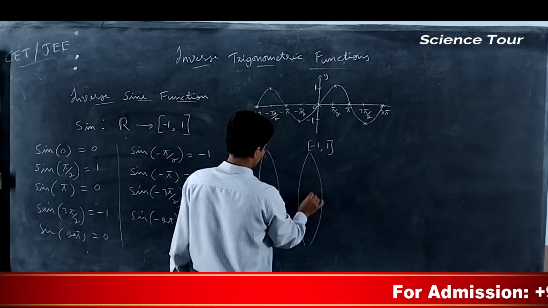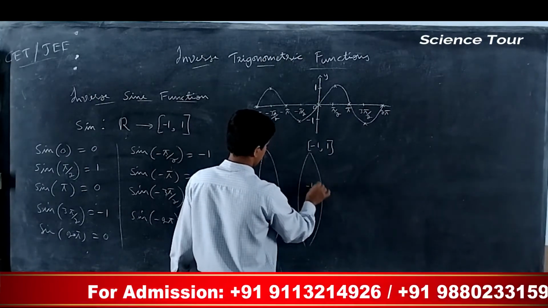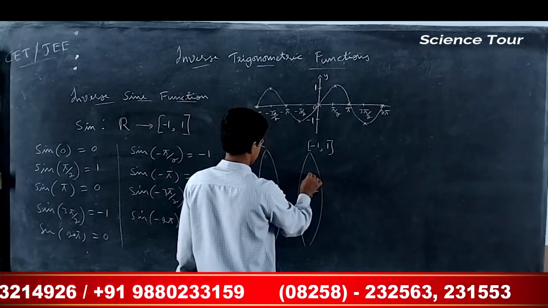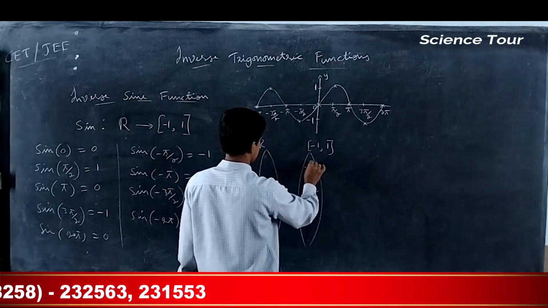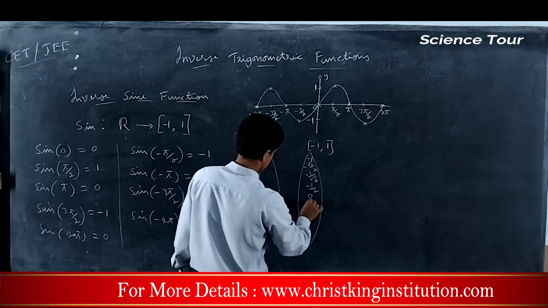So you have 0, -1/2, I'm taking only a few, minus 1 by root 2, minus root 3 by 2, minus 1, and so you have half.